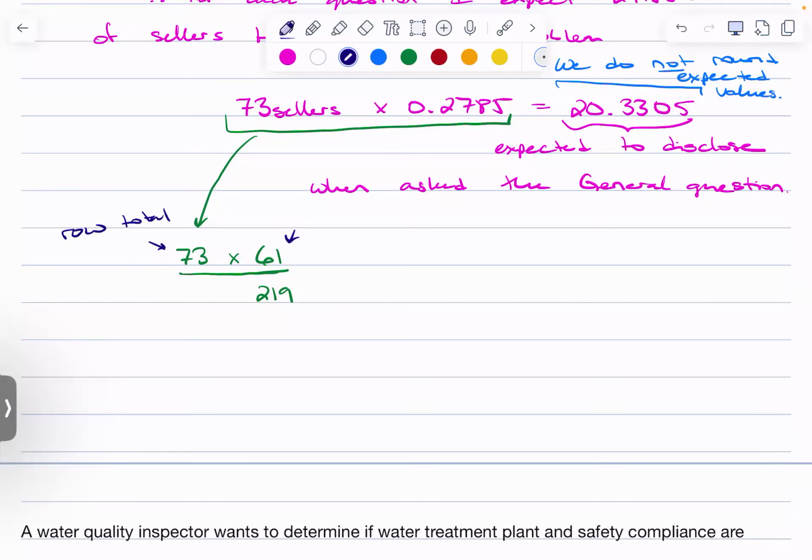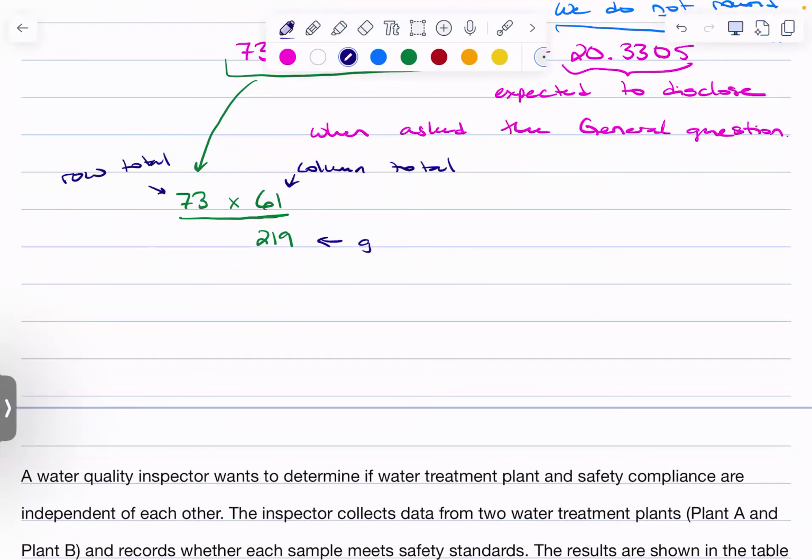Your row total times your column total divided by your grand total. And that's how we find your expected count.